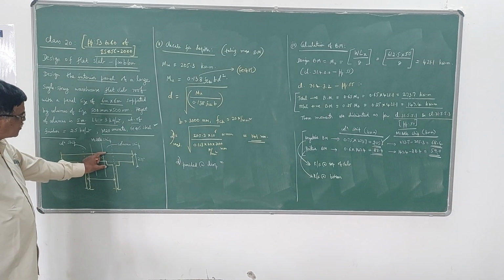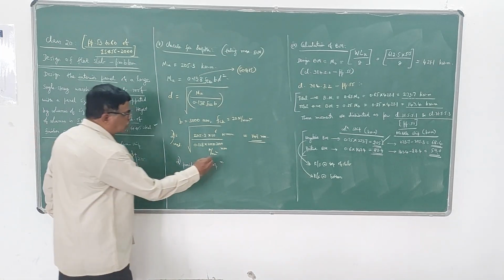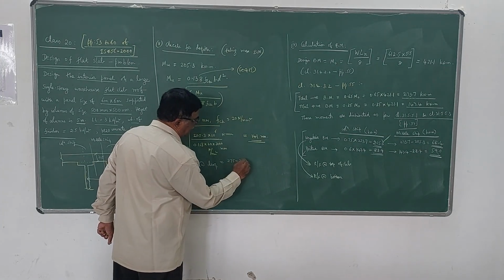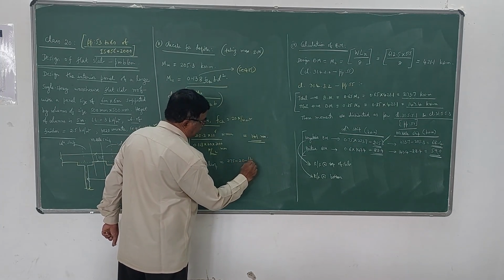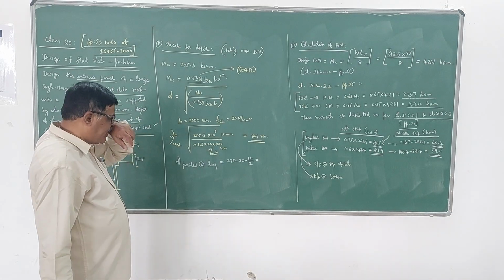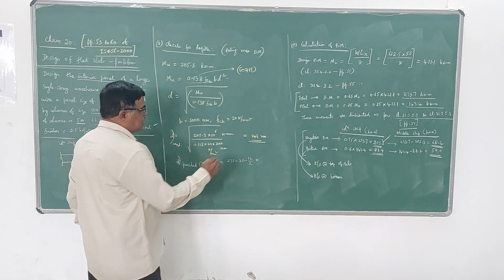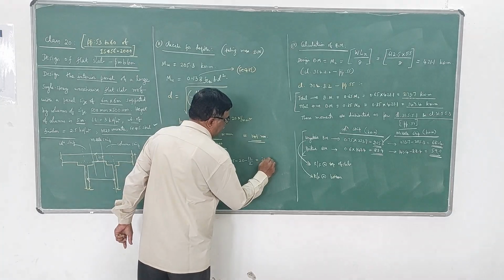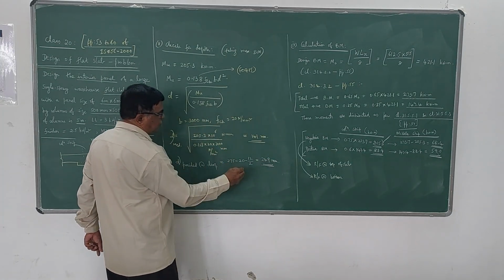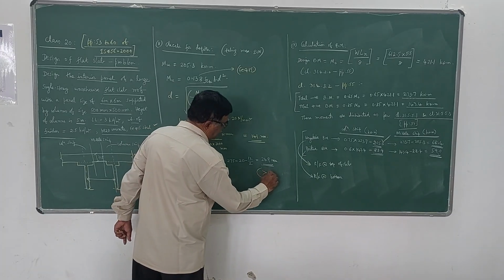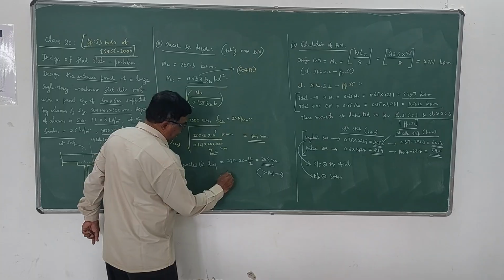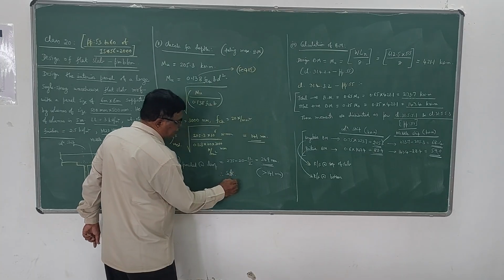From this total depth, we deduct the cover and then half the diameter of the bar. So 275 minus 26 comes out to be 249. So provided is 249, required is 141. Therefore, it is safe. Got it?